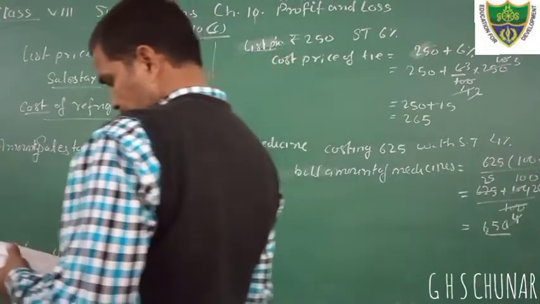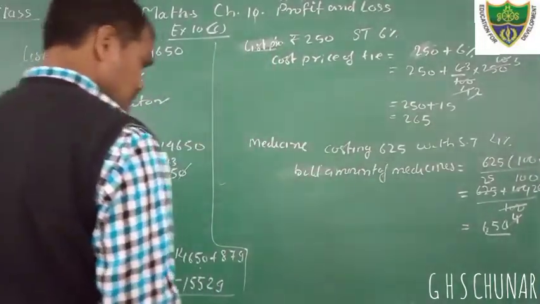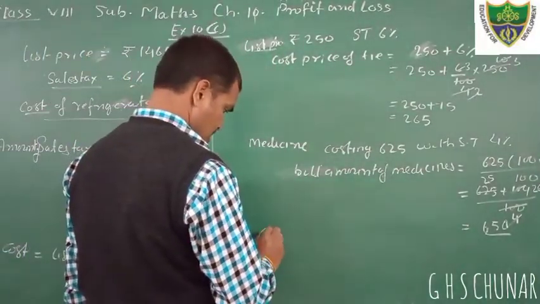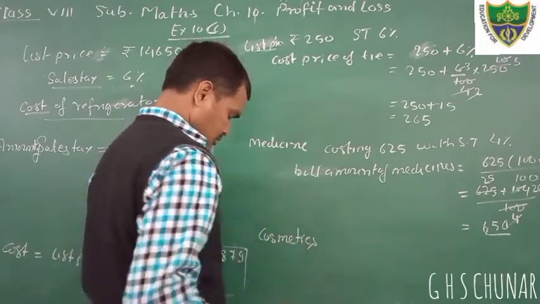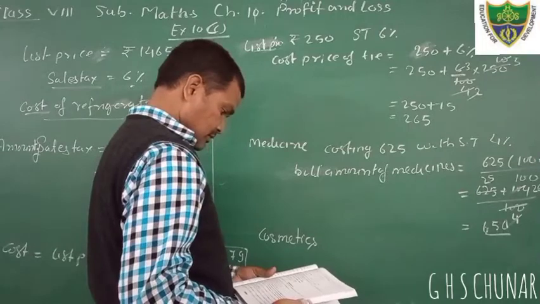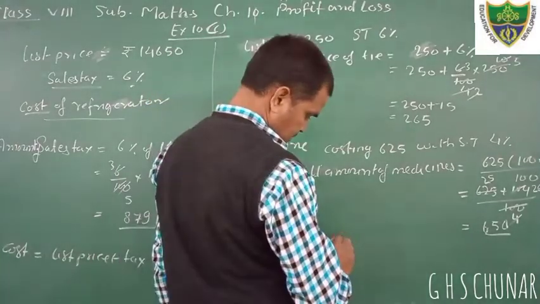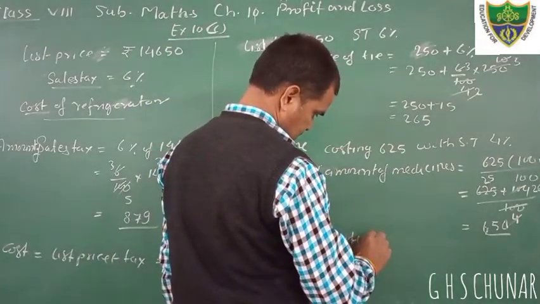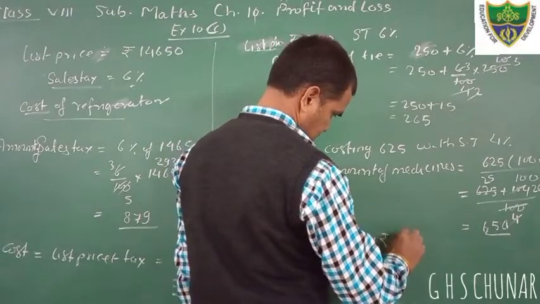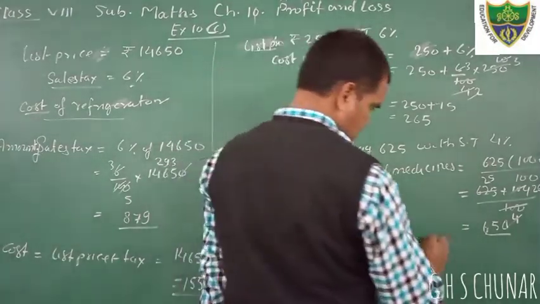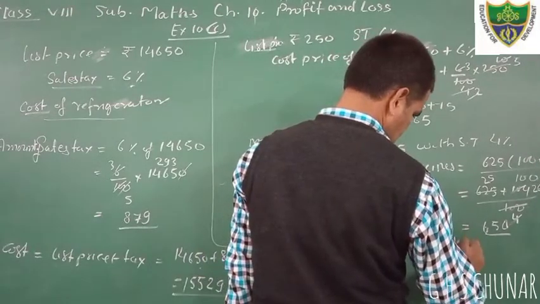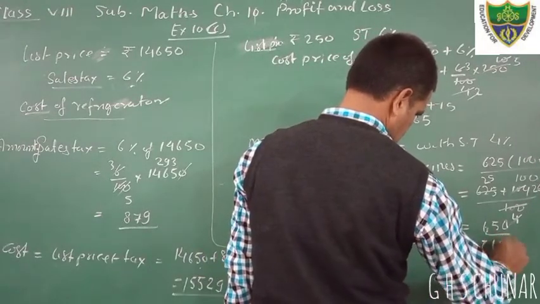The third item is cosmetics. Cosmetics costing rupees 430 with ST 10%.